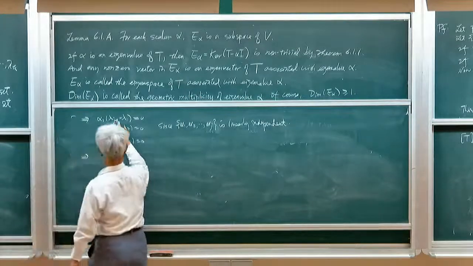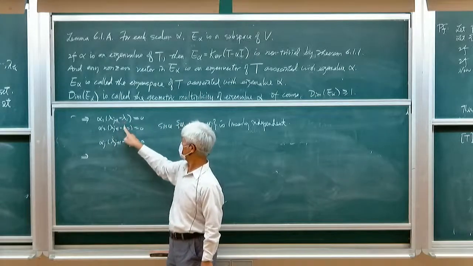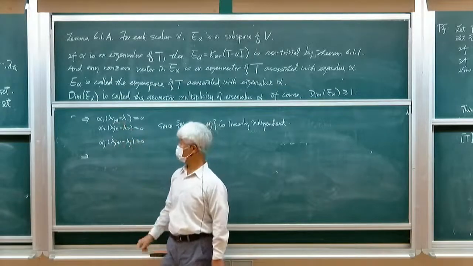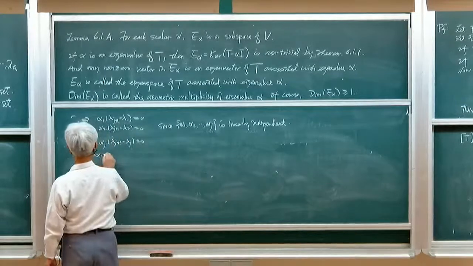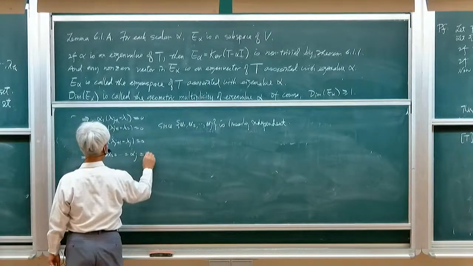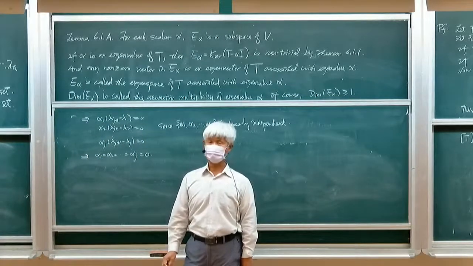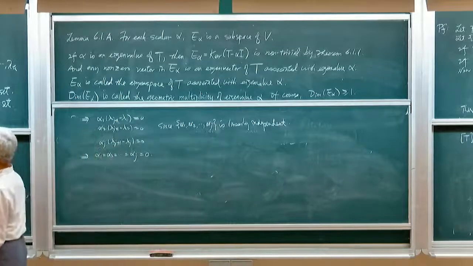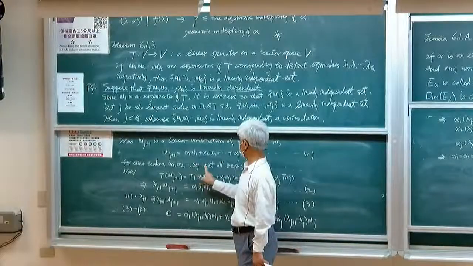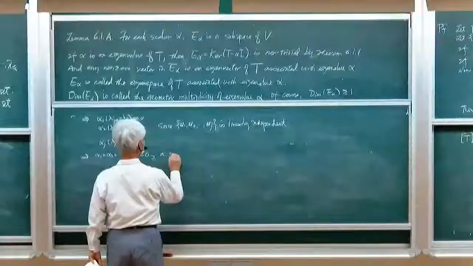Now, but eigenvalues are distinct. So the differences are non-zero. So this means that alpha 1 equals alpha 2 equals up to alpha j, all 0. So the coefficients are all zeros. Well, but here the coefficient cannot be all zeros. So we have a contradiction.